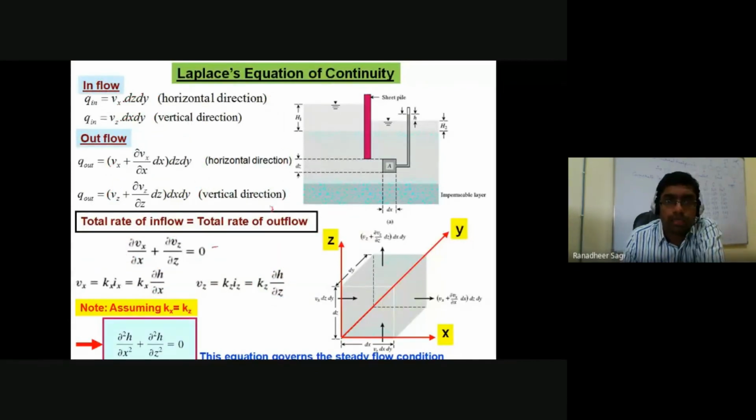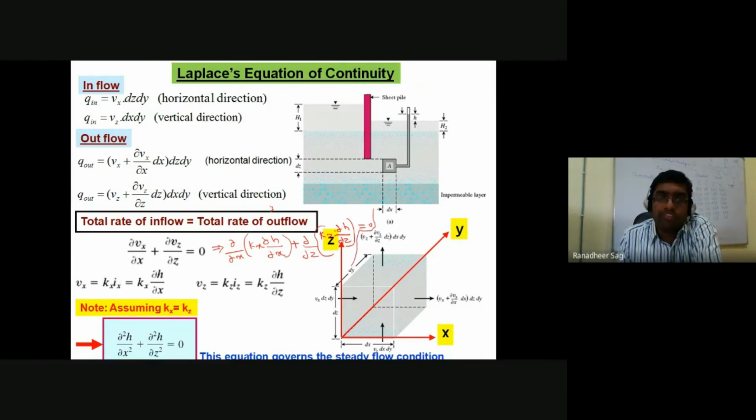So here I look at dou by dou x of kx into dou h by dou x plus dou by dou z of kz into dou h by dou z. This has to be equal to 0.